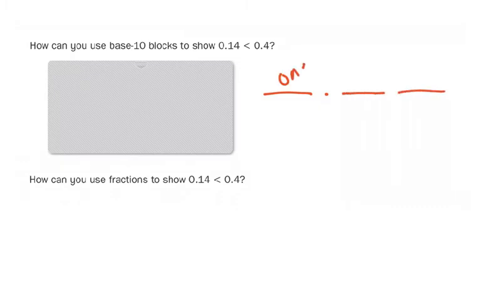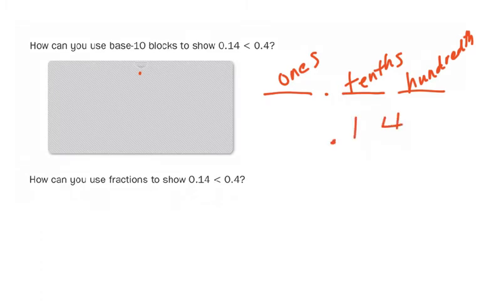Again, this is the ones place, the whole number 1, tenths, and hundredths. So 14 hundredths would look like this. Erase that and write that a little bit better.